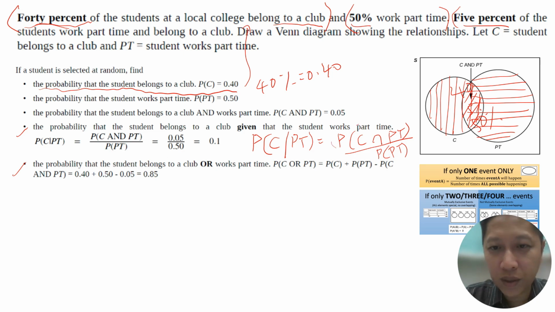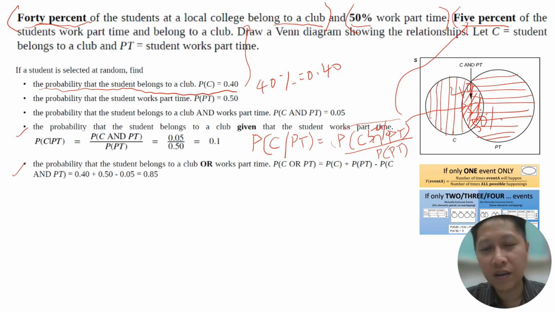The intersection between the club student and the part-time, based on the Venn diagram and the information above, is 5%. So we just put in 0.05, the same as the number here. And the probability of getting part-time is 50%, 0.50. So later on, we'll get 0.1, 10%.